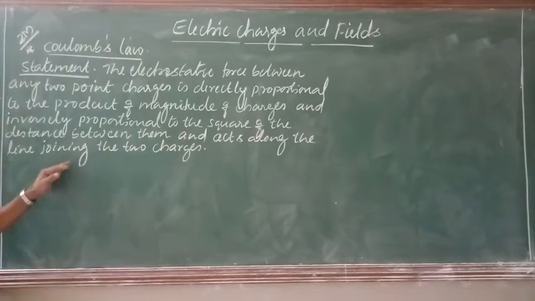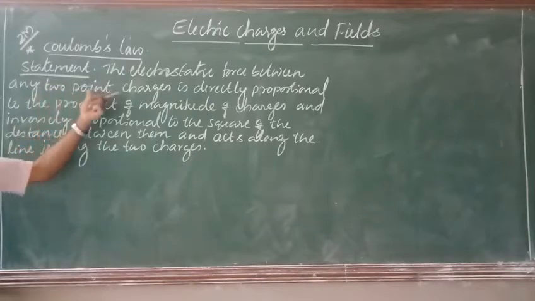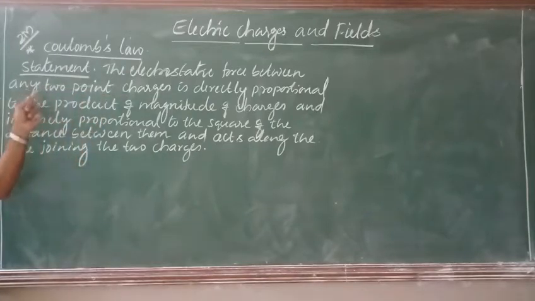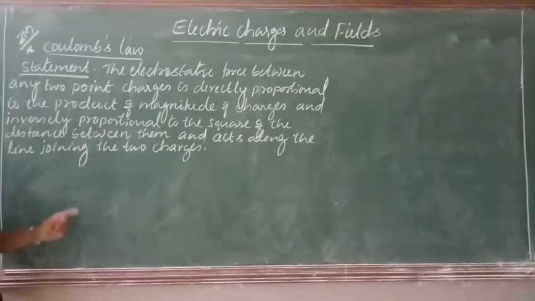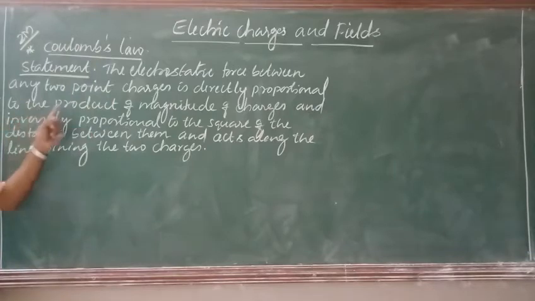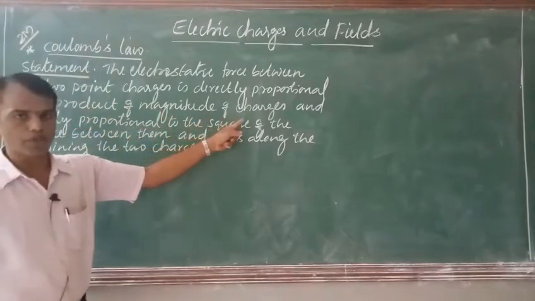So this is the statement. Here there are four key points in this statement. One is point charges, because Coulomb's law is applicable only for point charges. Second is the product of the magnitude of charges.